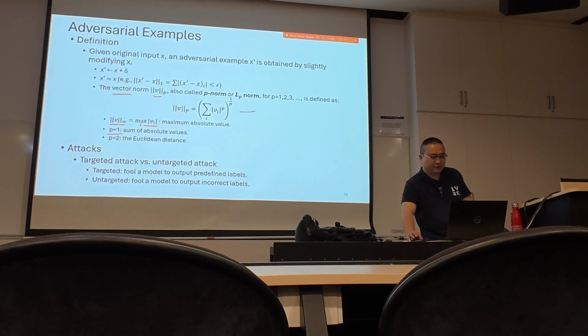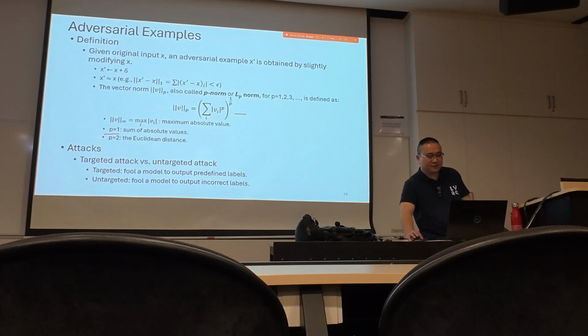If we go back to the formula, you can see that this formula just becomes this formula. If we set p equal to 1, the formula just calculates the sum of absolute values. The one here disappears, and we raise to the power one, the p disappears, so we just calculate the sum of absolute values.